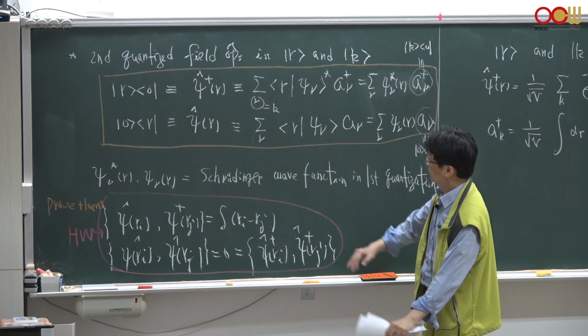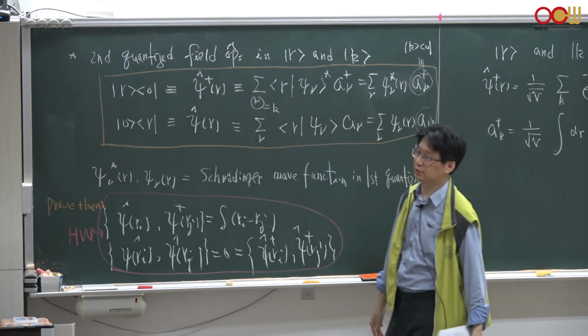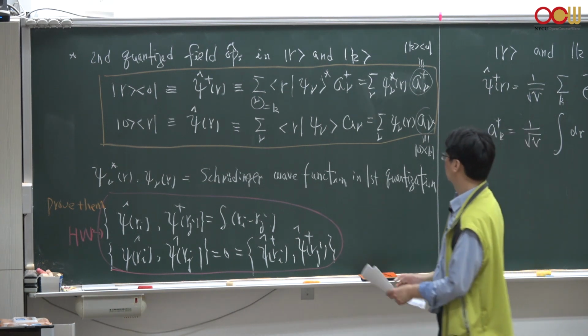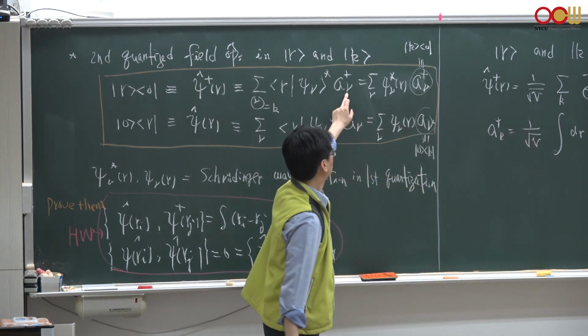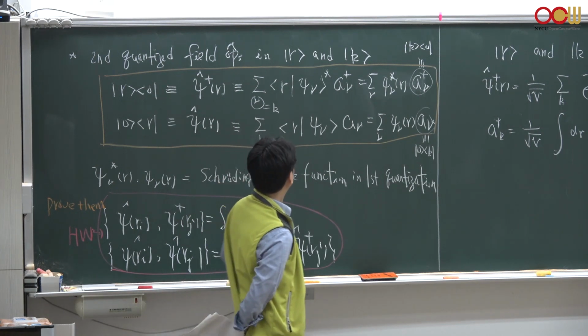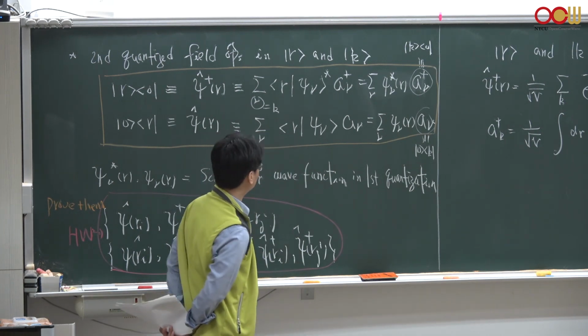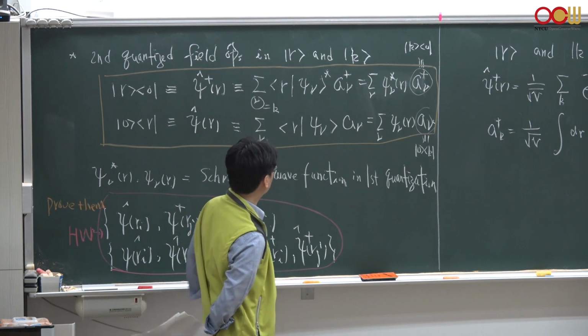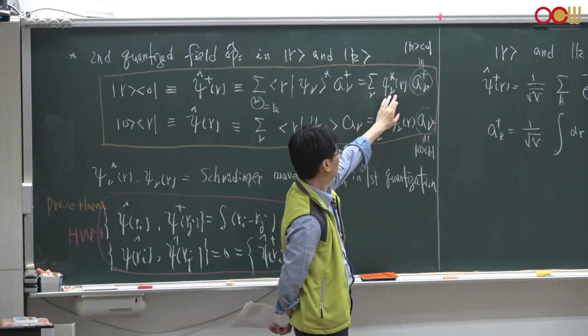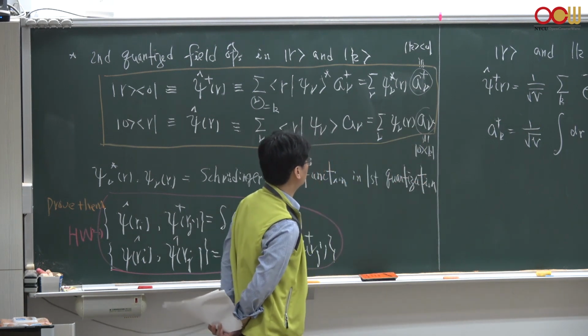But we know that we can Fourier transform this to the K-space representation, a dagger with a different basis called nu, and this nu I define as the momentum eigenstate, and the coefficient is psi star nu as a function of R, and in the summation we have a dagger nu.